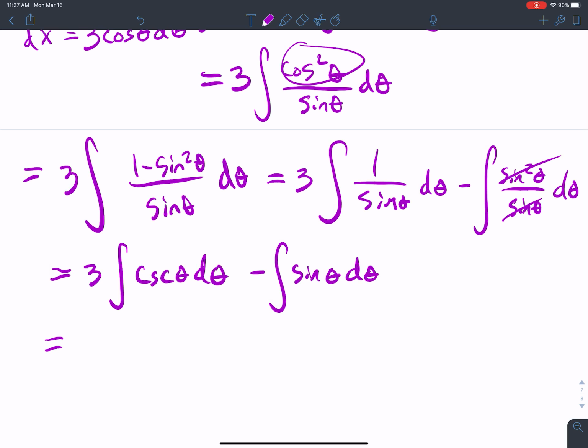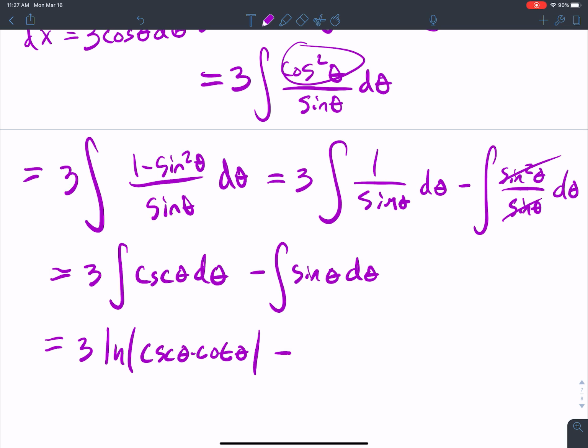So this is 3 ln absolute value cosecant theta minus cotangent theta, and then minus, what's the integral of negative sine?